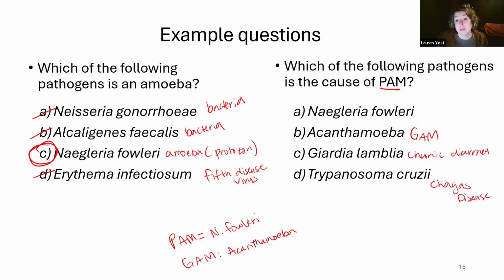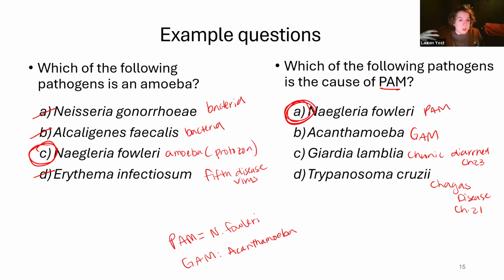Again, if you're wanting to learn about these, you're supposed to, FYI. We'll talk about Giardia lamblia and the diarrhea that it causes in chapter 23. We'll talk about Chagas disease and the illness that it's associated with. I believe that's in chapter 21. That's in the cardiovascular. I'm pretty sure that's in that chapter. Naegleria fowleri, this is our cause of PAM. It's amoeba, a protozoa. That's that one.